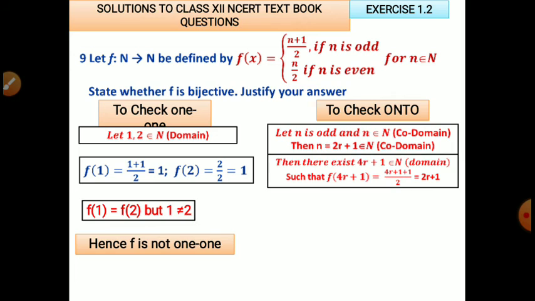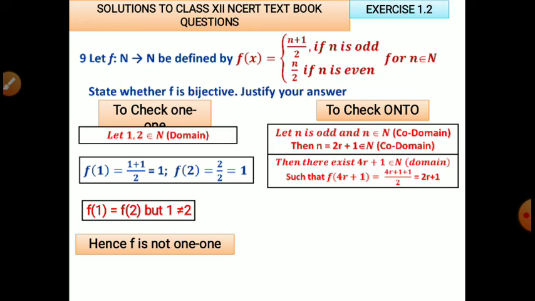Then there exists 4r plus 1 in the natural numbers such that f of 4r plus 1 is equal to... Sir, from where did you get that 4r plus 1? As we have taken here, generally the format will be there. If you substitute 4r plus 1, that number is an odd number.